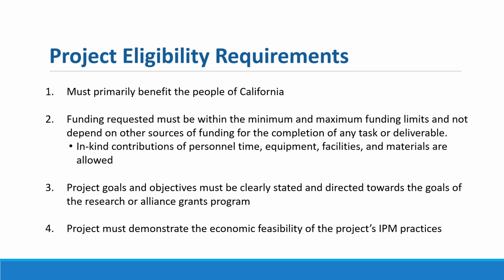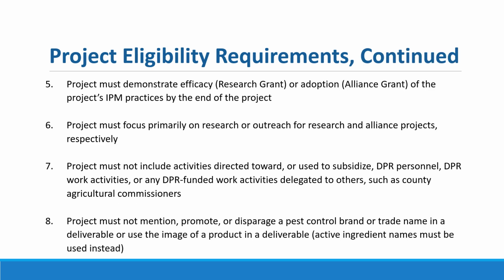The project must demonstrate the economic feasibility of the project's IPM practices. The project must demonstrate efficacy for research grants or adoption for Alliance grants of the project's IPM practices. The project must focus primarily on research for research grants or outreach for Alliance projects.